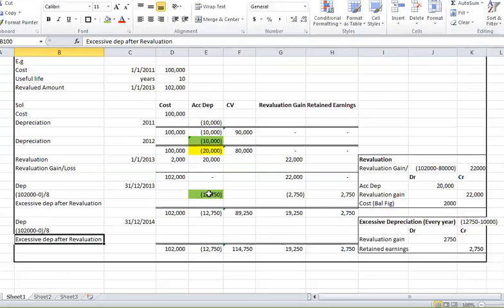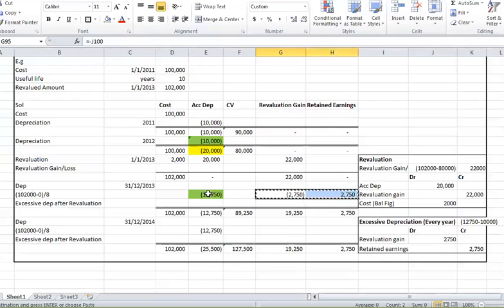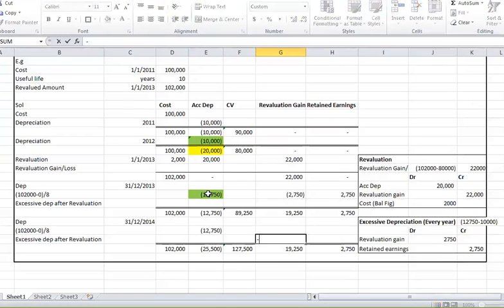Once again, the depreciation will be 12,750, and once again, there will be excessive depreciation of 2,750. Excessive depreciation will be deducted from revaluation gain and transferred to retained earnings.